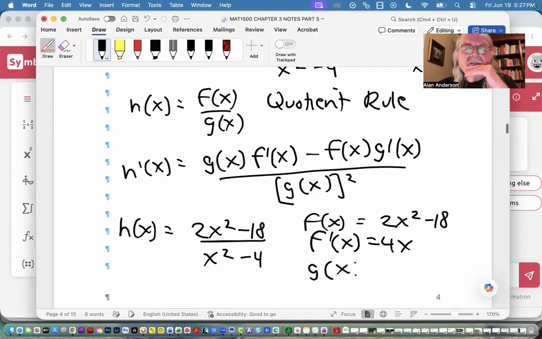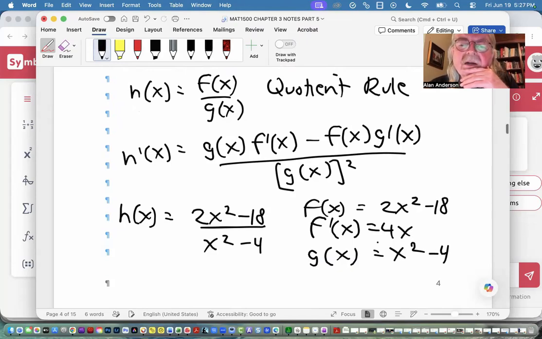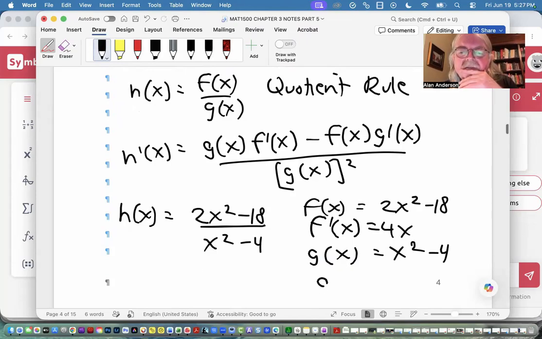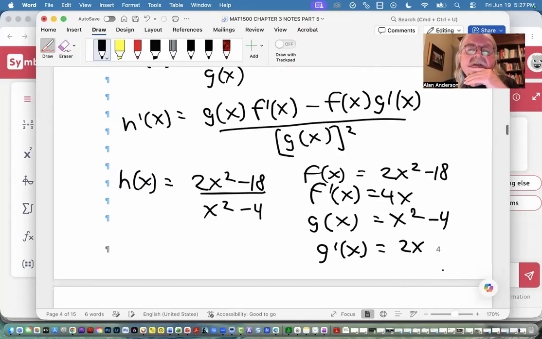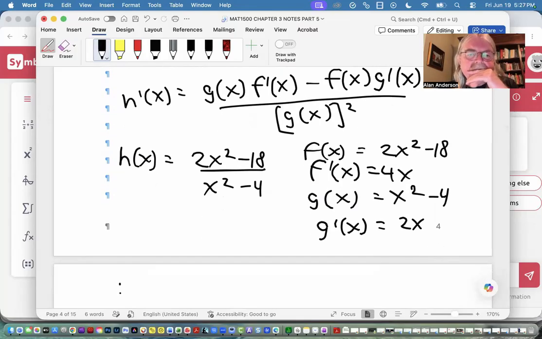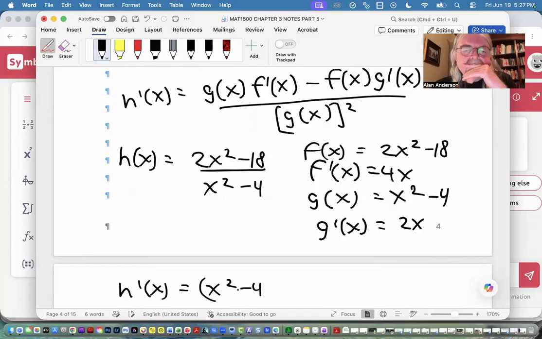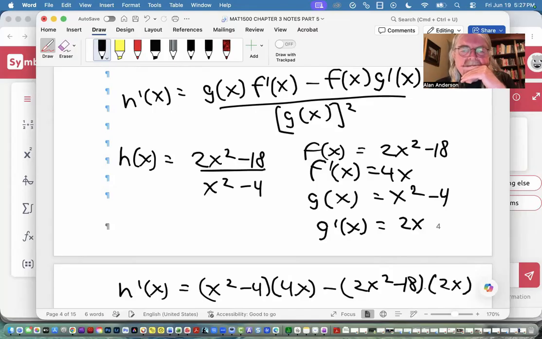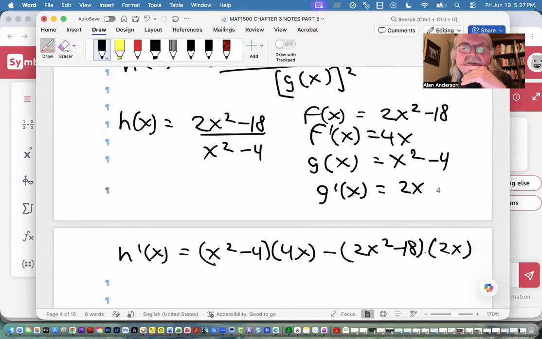G of x is x squared minus 4. And again, based on the power rule, g prime of x is 2x. So if you plug all this into this expression, and then we divide by g of x squared.